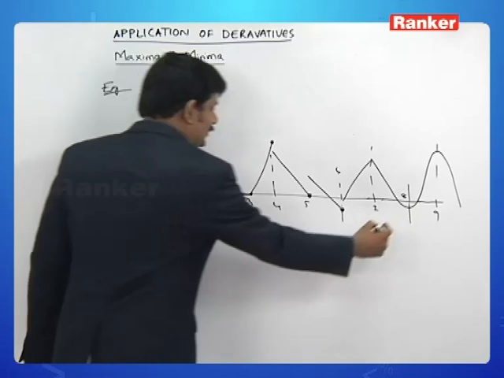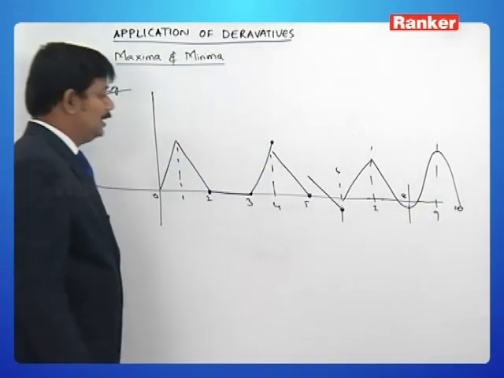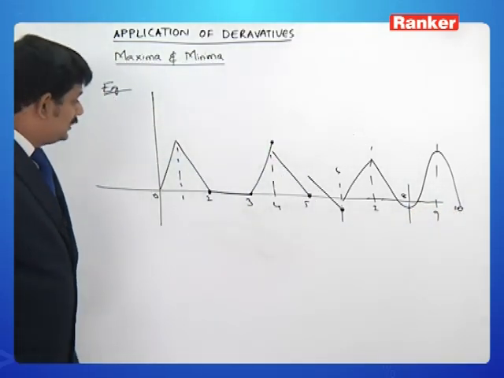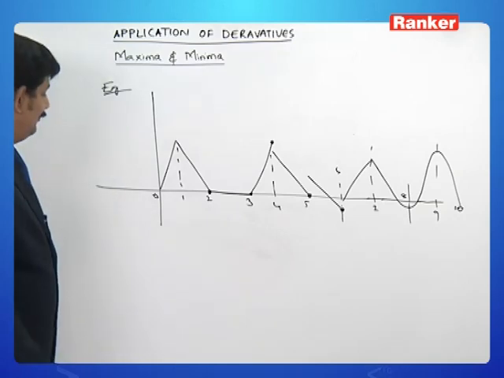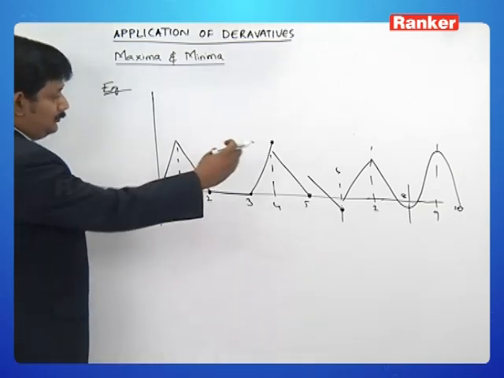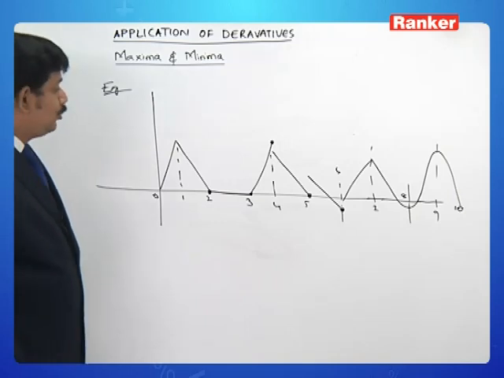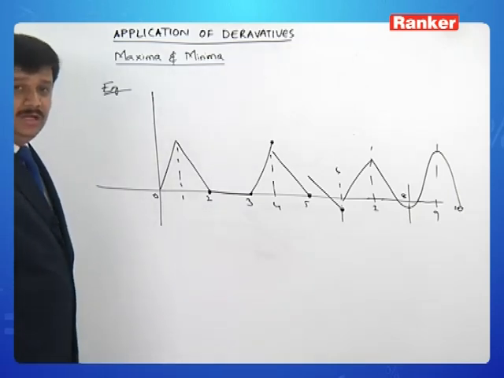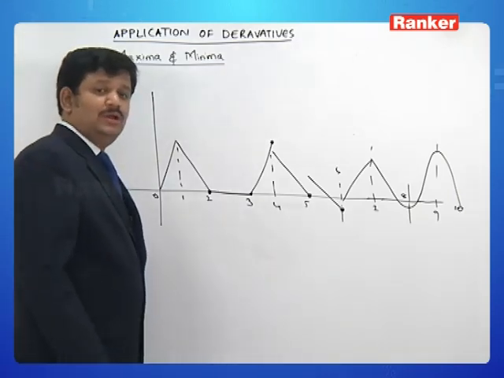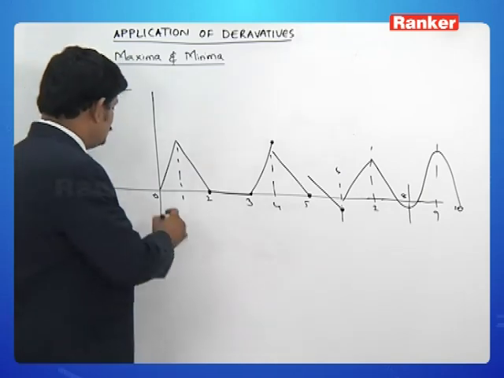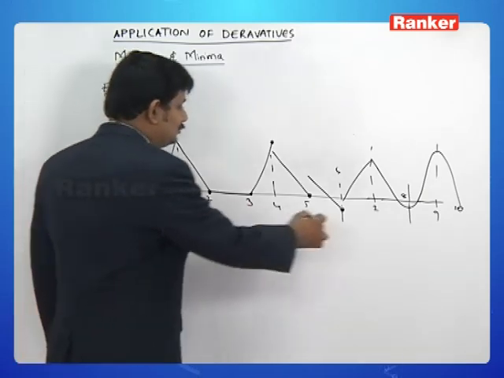We have a graph stretching from 0 to 10, and this is how the graph looks like. Let's see which point on the curve qualifies to be a local maximum and which point on the curve qualifies to be a local minimum. So we are starting the graph from 0 to 10.